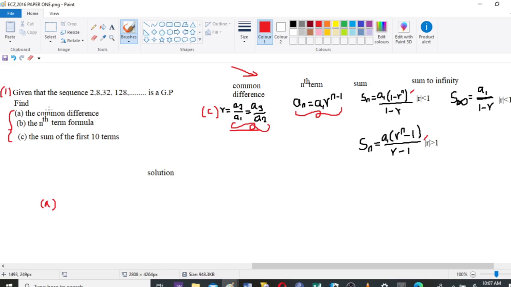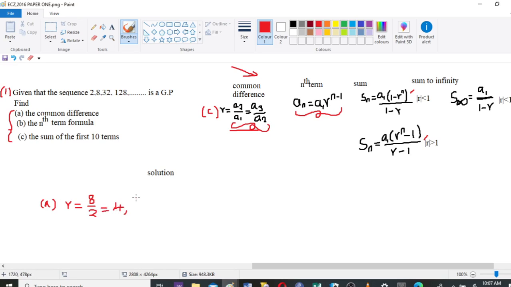So let's check in our formula. R is equal to, what is our R? That's what we are looking for. Our second term, A2, is 8 divided by 2, and we are getting the common difference to be 4.